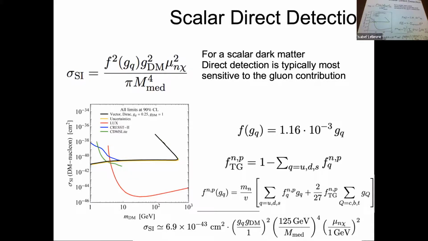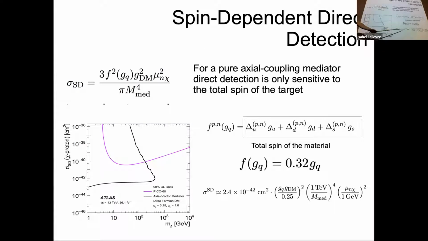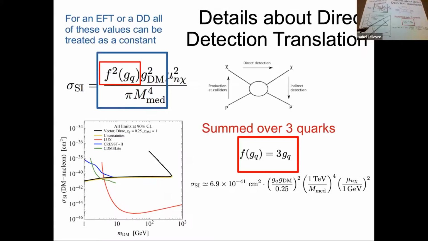So you can look at these prefactors as a reference to see how we're sensitive to these. For spin independent scalar mediators, we're sensitive at 10 to the minus 43. For axial vector, we're sensitive at 10 to the minus 42. And for spin independent vector, we're at 10 to the minus 41.